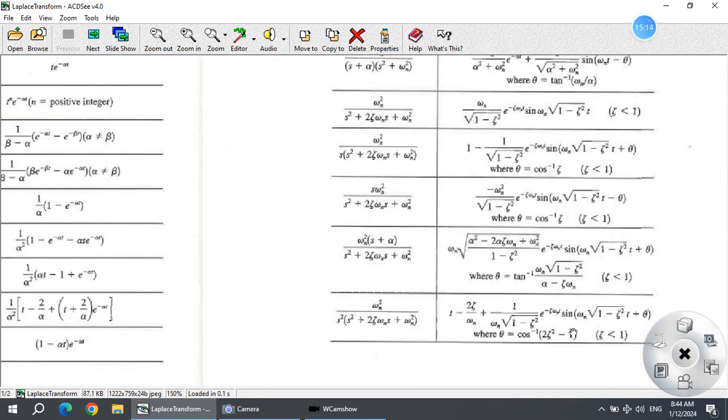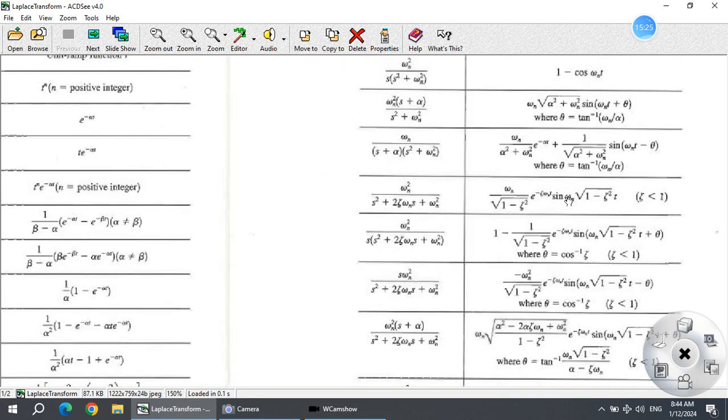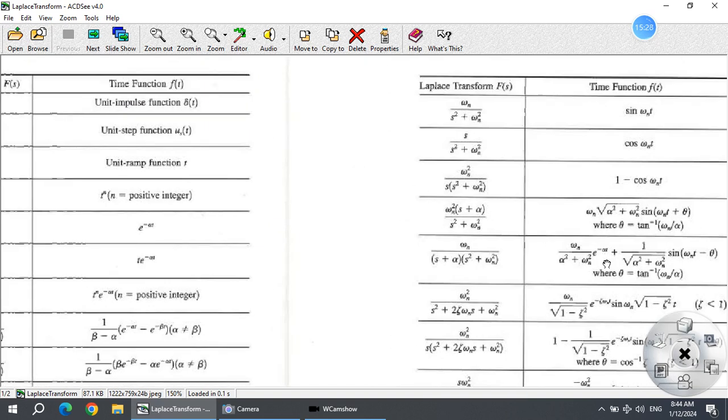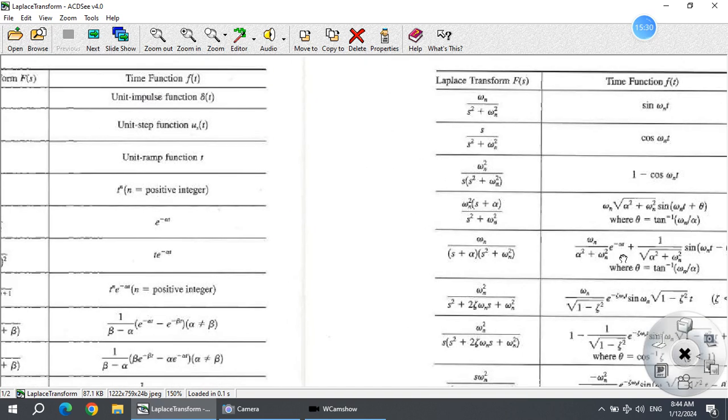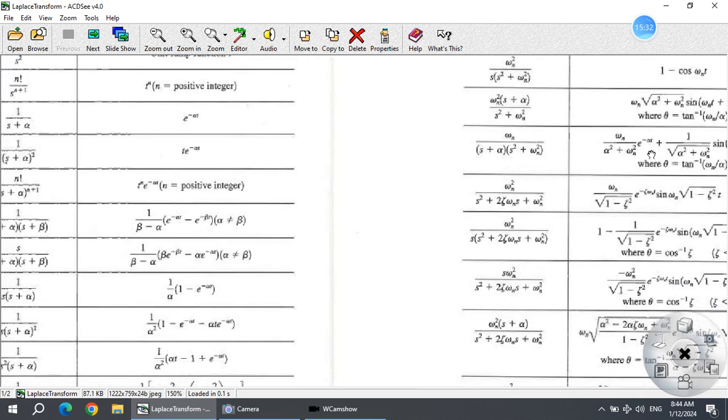You see, we cannot find it directly from the table. All the terms with sine have no t directly in front, just some exponential power or some constant. But now we need a t in front of a sine. So how do we do it?